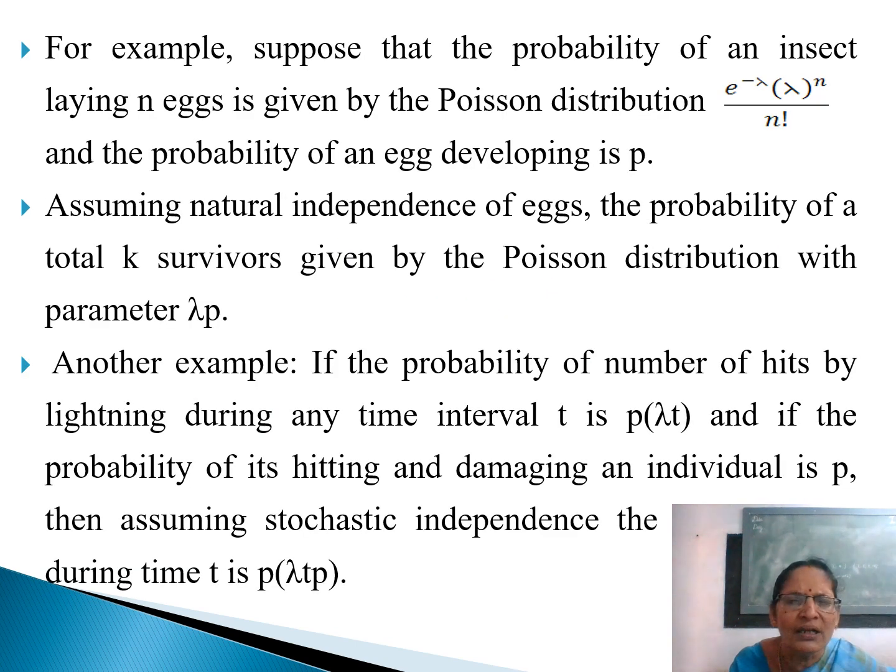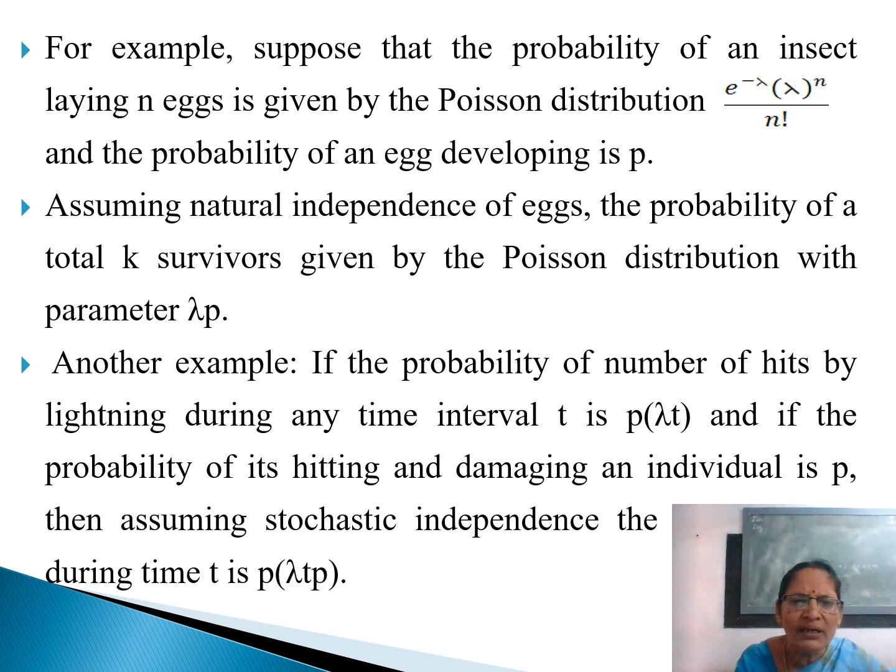For example, suppose that the probability of an insect laying n eggs is given by the Poisson distribution e power minus lambda, lambda power n by n factorial, and the probability of an egg developing is p. Assuming natural independence, the probability of a total of k survivors is given by the Poisson distribution with the parameter lambda p.